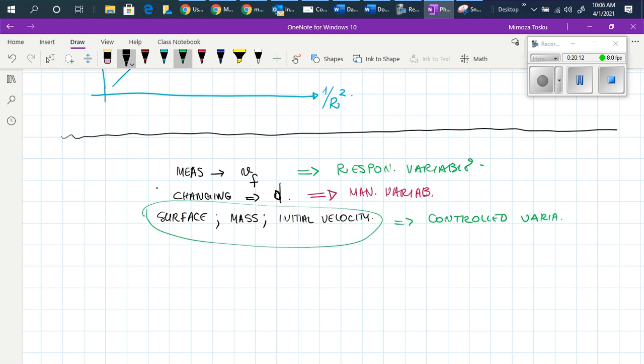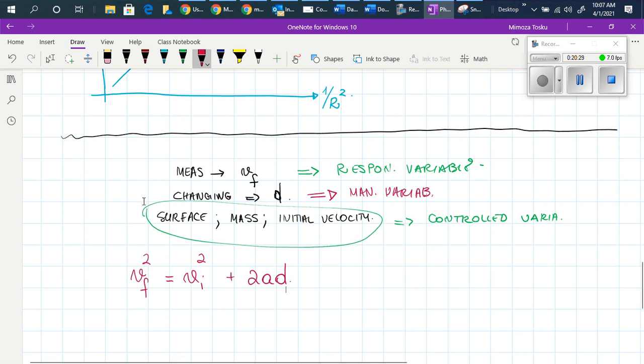So the formula that connects everything that we have here is a kinematics formula: V final squared is equal to V initial squared plus 2AD.